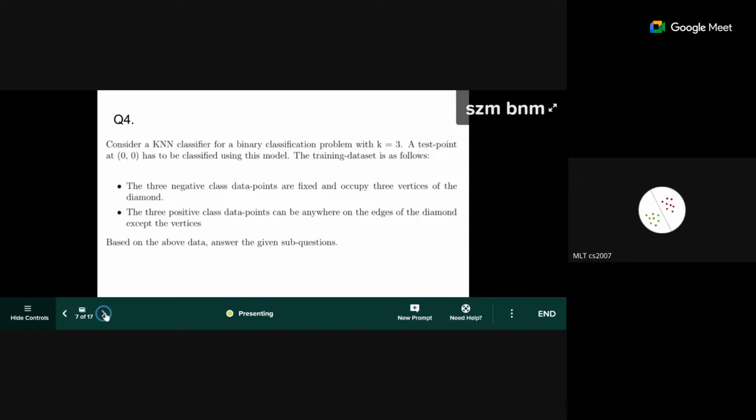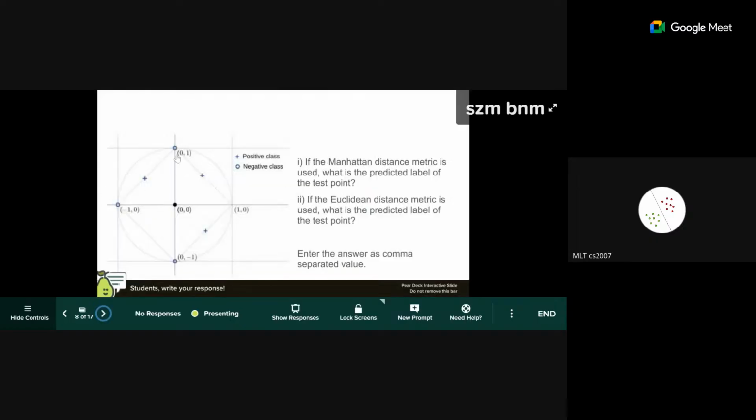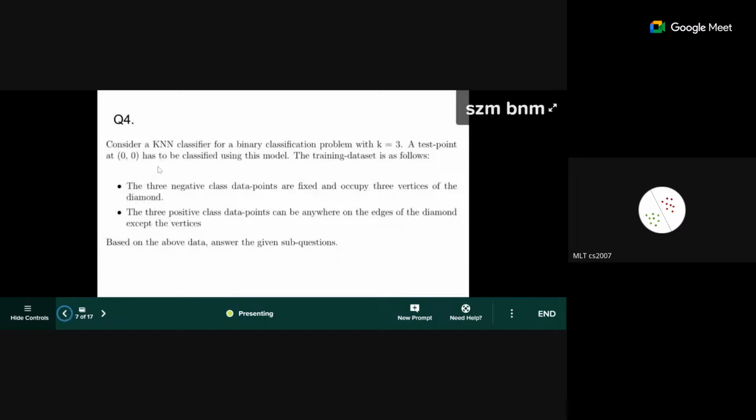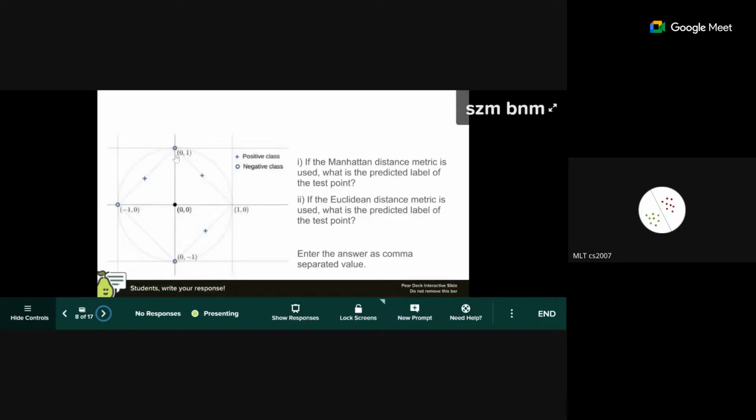There are 3 negative class points marked on the diamond: one is (0, 1), one is (-1, 0), and one is (0, -1). Then there are three other points which are on the edges of the diamond, except the vertices. You can see those 3 points on the edges of this diamond.